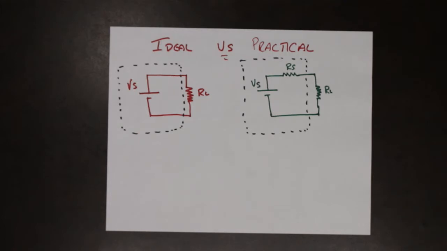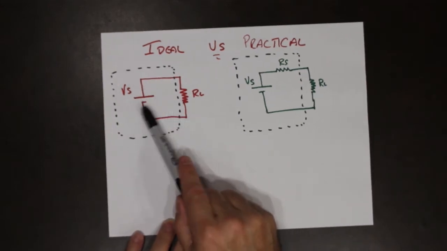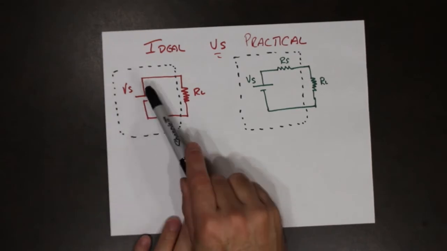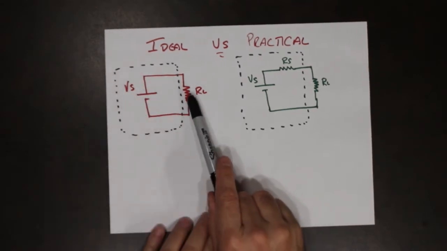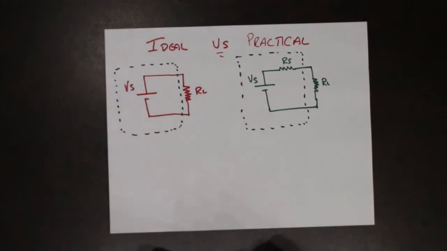Practical is more real life. So in the ideal, we have a supply and a load, and that's it. Whatever voltage is being created appears across the load, and that is it. It's as simple as that.